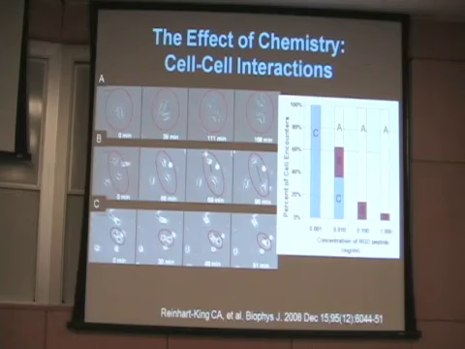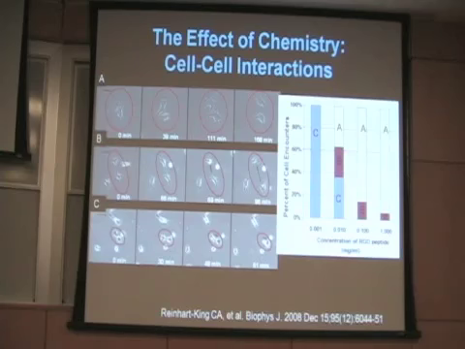And so what we found actually is that this behavior is highly dependent on the amount of protein, the amount of adhesivity that you give the cell. So the more adhesive a surface is, the more likely it is to exert this A-type behavior, where the cells stay well spread and the cell-cell contacts have no real effect on the cell behavior.